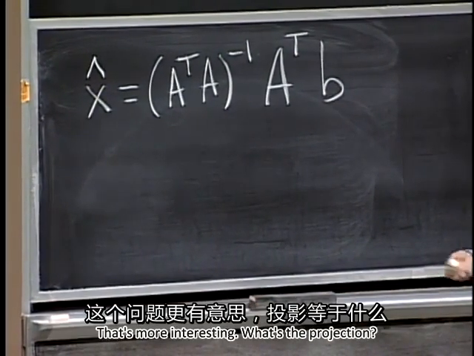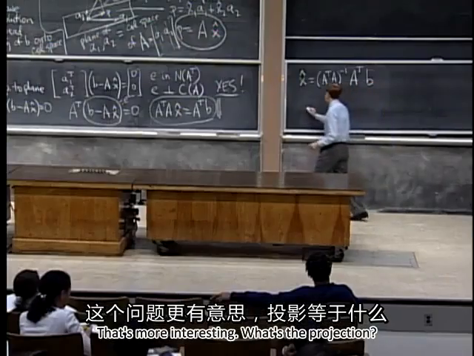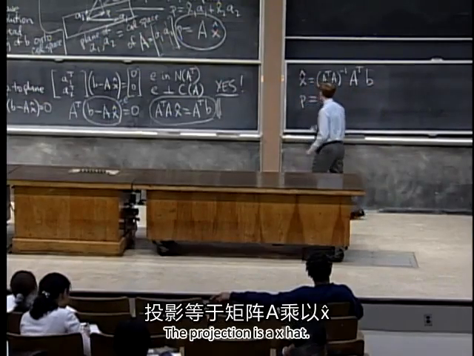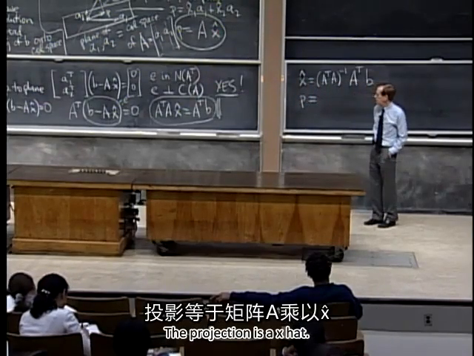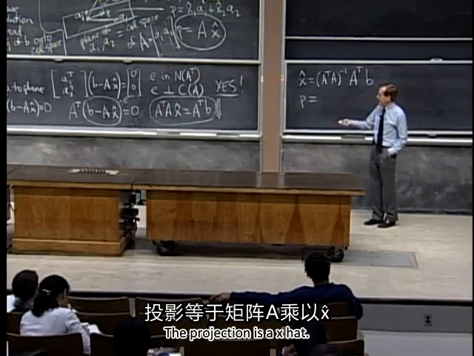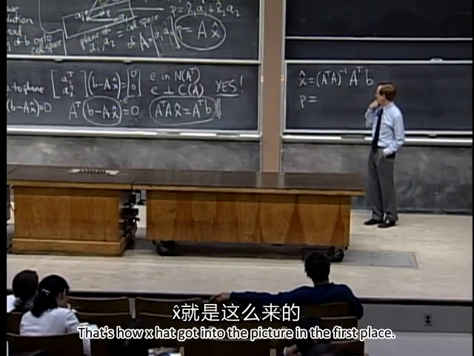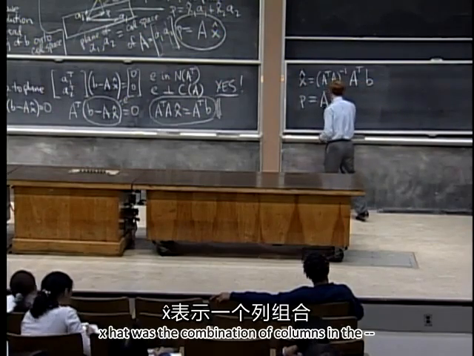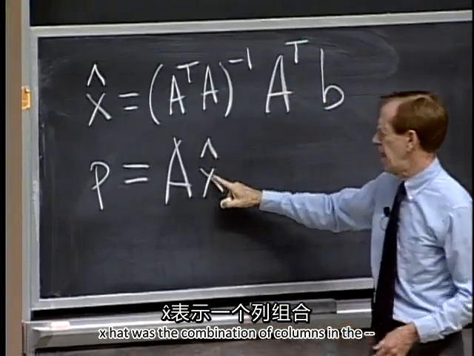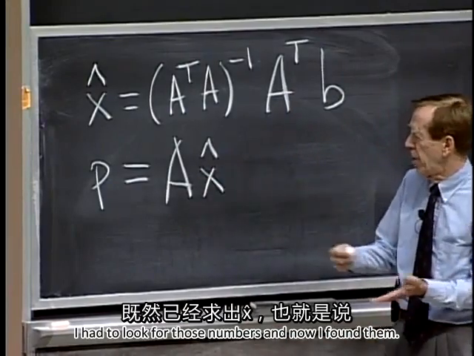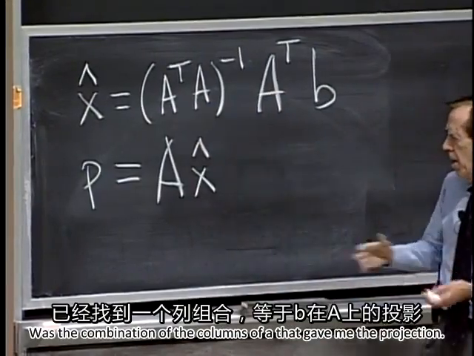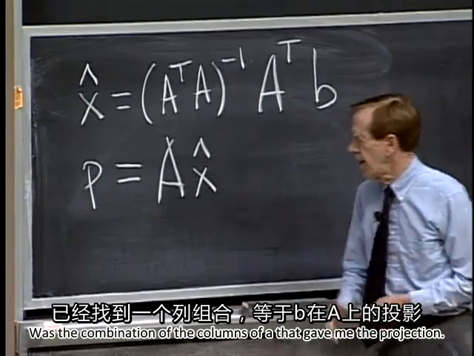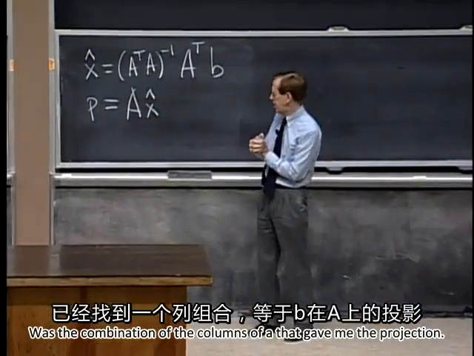What's the projection? That's more interesting. The projection is A x hat. That's how x hat got into the picture in the first place. X hat was the combination of columns of A, the numbers I had to look for, that gave me the projection.